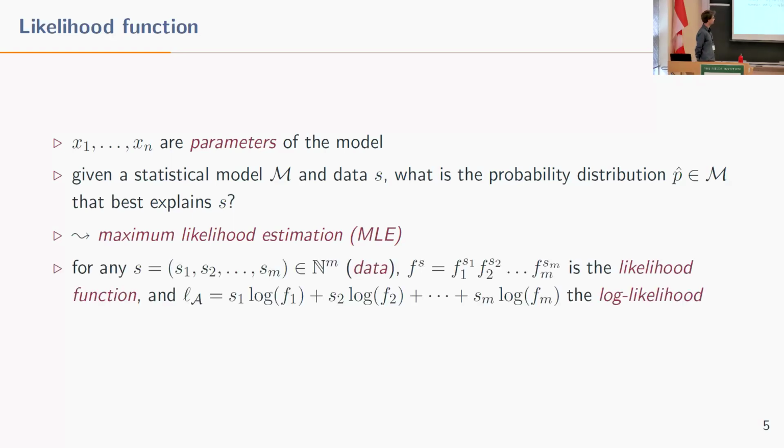Why is it called like this? Well, we have a likelihood function. If we fix such a tuple of data, then we can set up the likelihood function: we take all these polynomials fi that we fixed before, raise them to the si-th power and multiply them. The name already suggests we want to maximize this likelihood function.